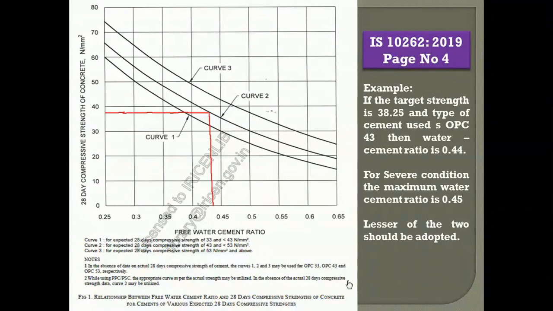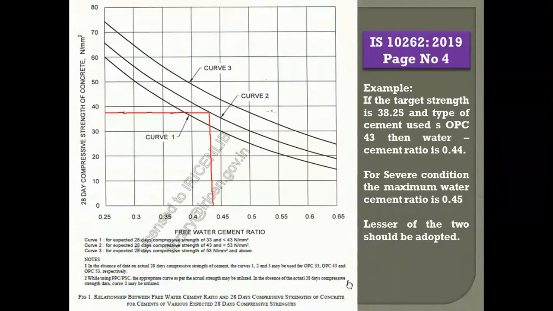Curve 1 is for expected 28-day compressive strength of cement of 33 and less than 43, curve 2 is for 28-day compressive strength of cement in the range of 43 to 53, whereas curve 3 is for compressive strength of cement more than 53 and above. So overall, curve 1 is for OPC 33, curve 2 is for OPC 43, and curve 3 is for OPC 53.